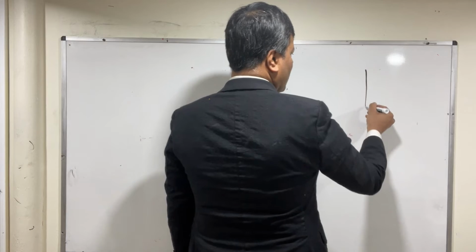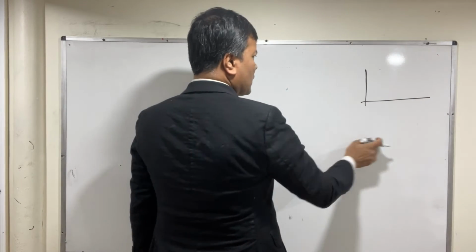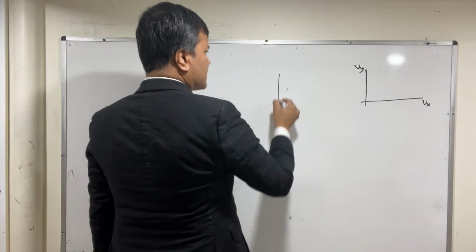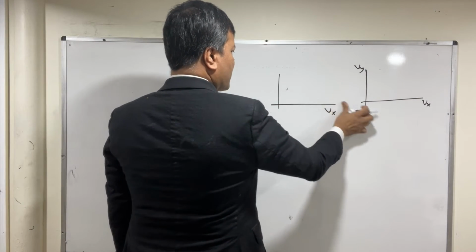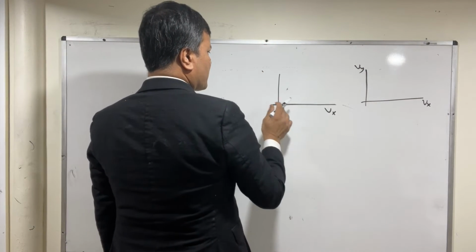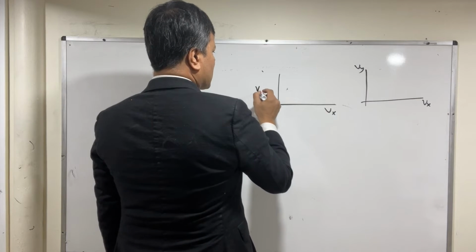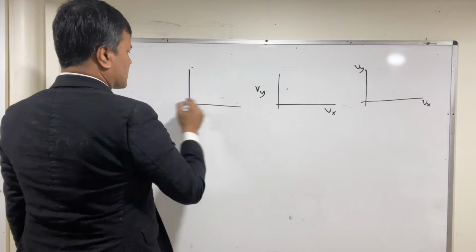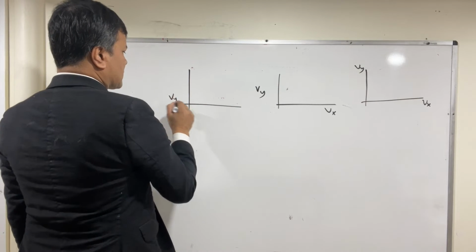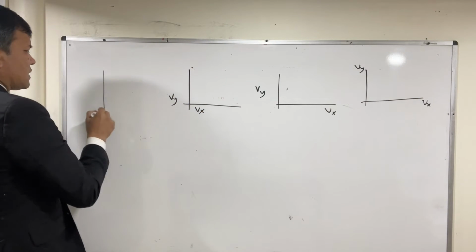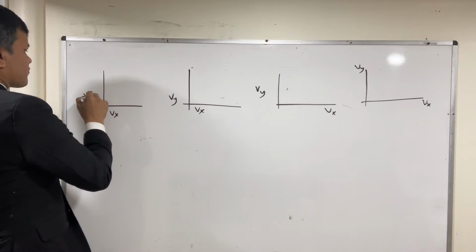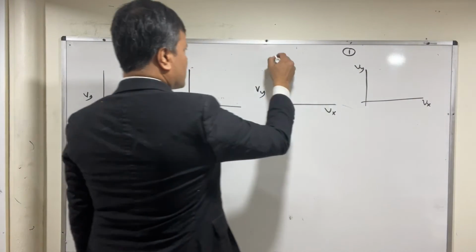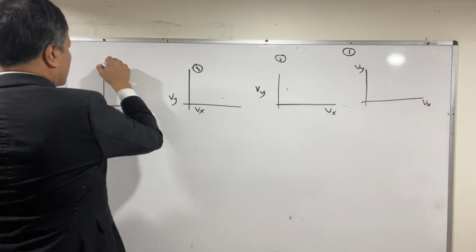I gave you the horizontal component of the velocity and the vertical component of the velocity. Okay, so this one I gave you, this is 1, this is 2, this is 3, this is 4.